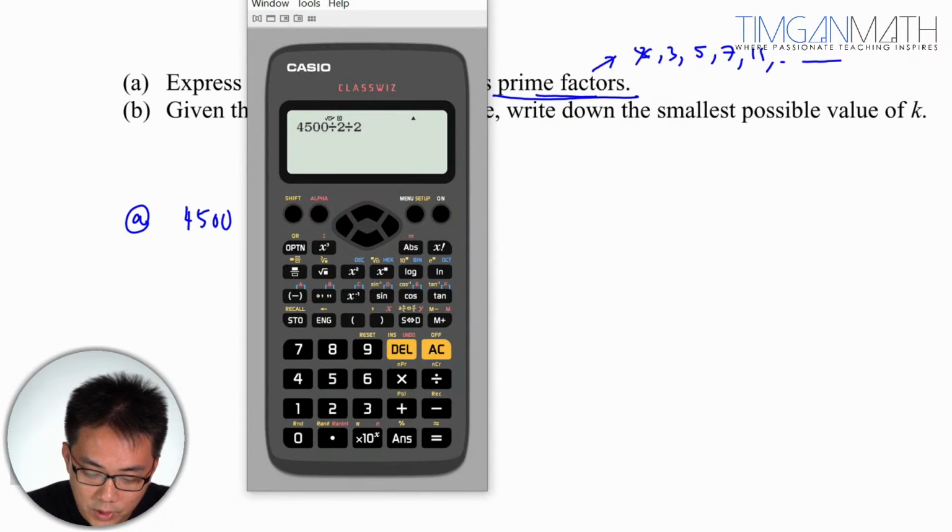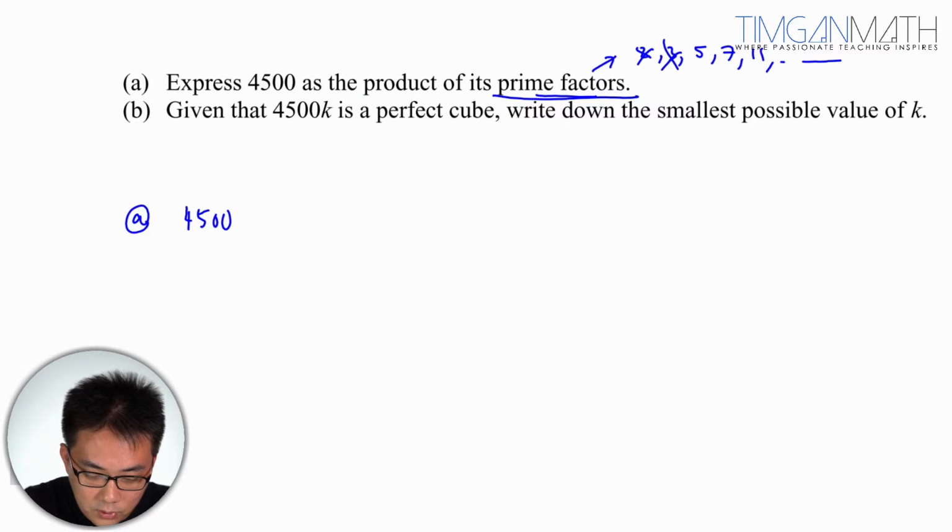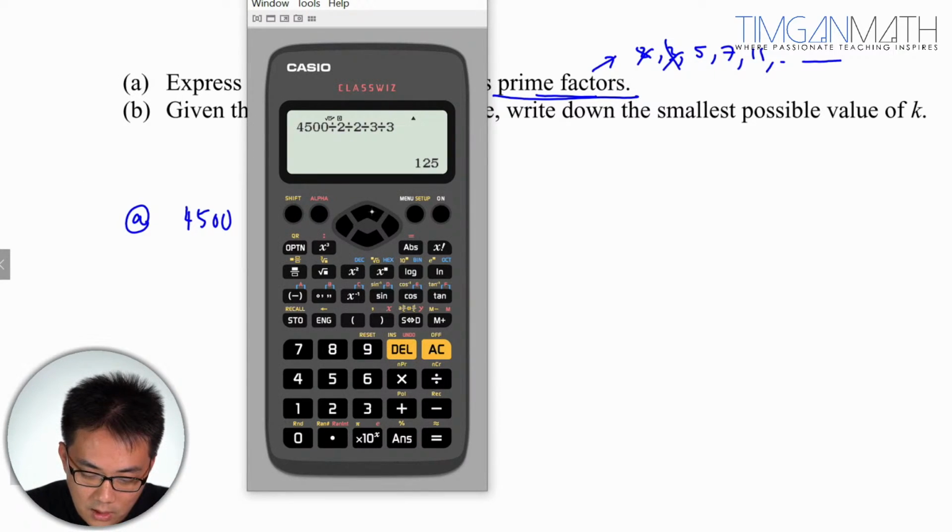After which we're going to divide by 3. 1125 divided by 3 is 375, divided by 3 again is 125, and divided by 3 again gives a fraction, so just stop. Then we try 5: obviously, because it ends with 5, divide by 5, and by 5 again, and by 5 again.